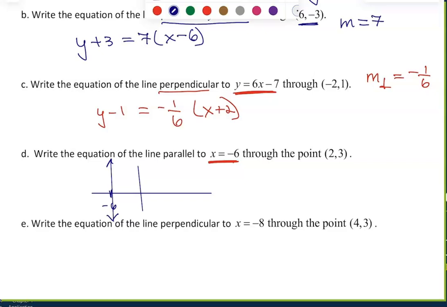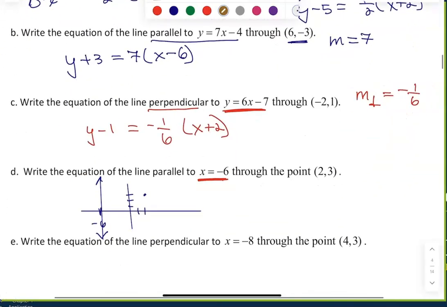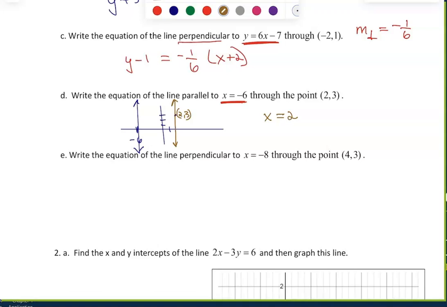Then through the point (2, 3), if it's going to go parallel to that current line, then it's going to go right through an x value of 2. Because remember, this point was (2, 3). So that line is going to be x equals 2. Okay, don't get fooled by those kind of questions. Sketch it out, and the answer will jump out at you.